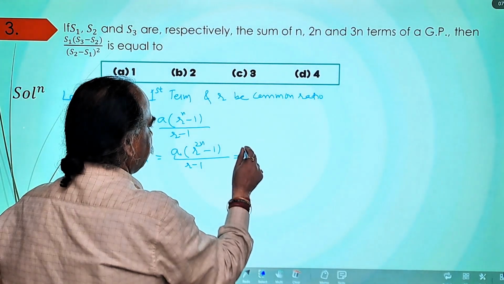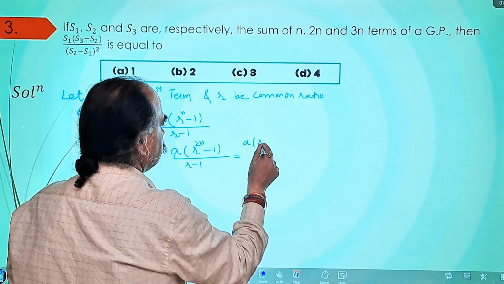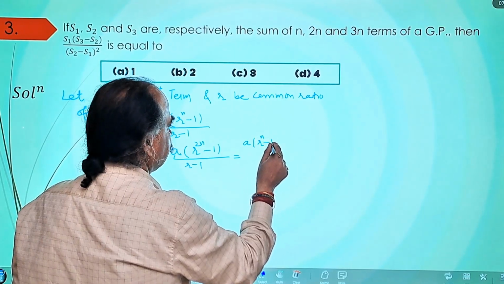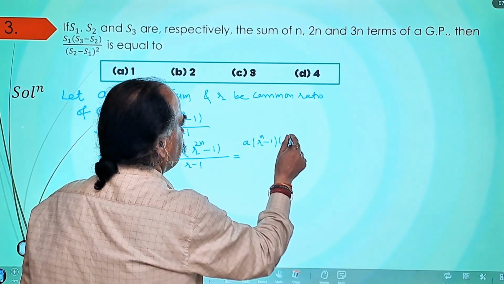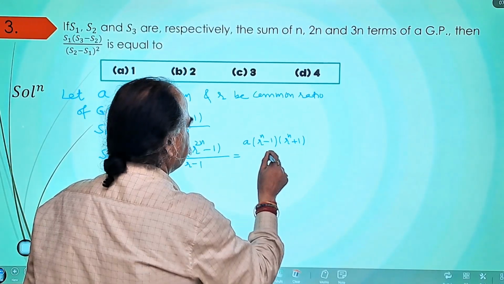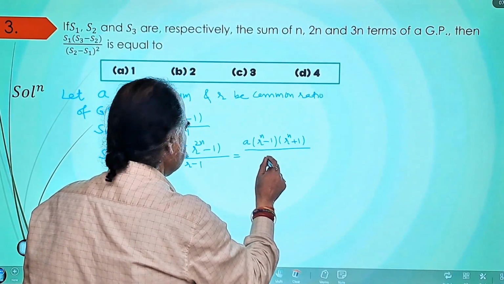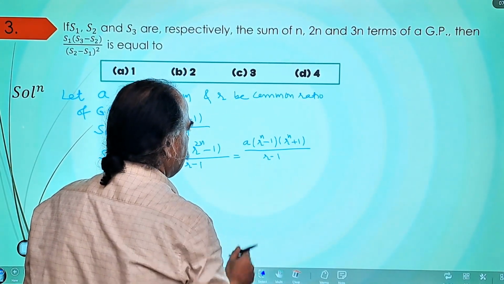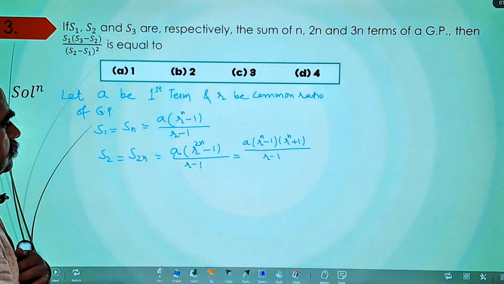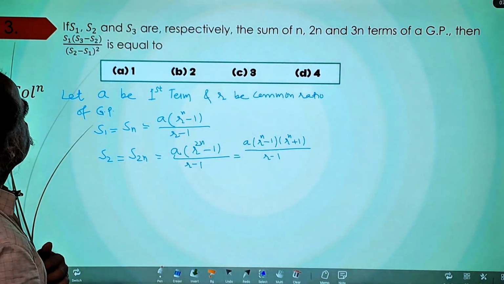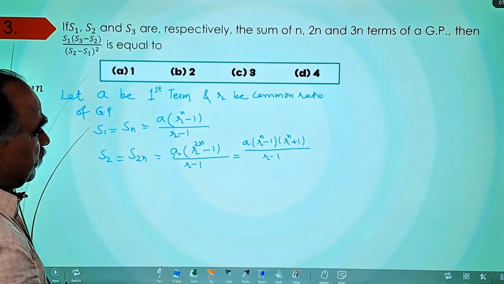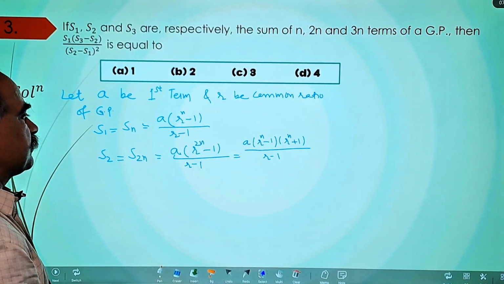This can be written as A into R raised to n minus 1 into R raised to n plus 1 upon R minus 1, which can also be written as S1 into R raised to n plus 1.